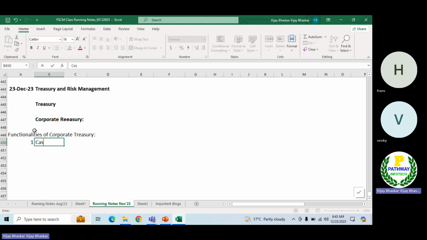cash and liquidity management. The second one is financial risk management. We'll talk about them one by one.